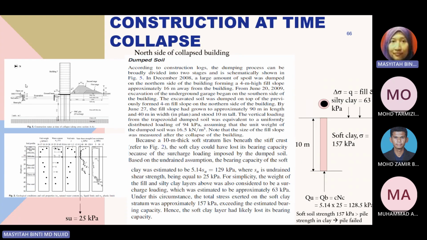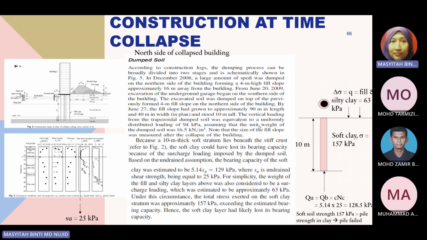Okay, from here, what he tried to explain is the chronology of how the failure occurred, from the first dumping process, beginning in 2009, and then the next one until the second stage of excavation.